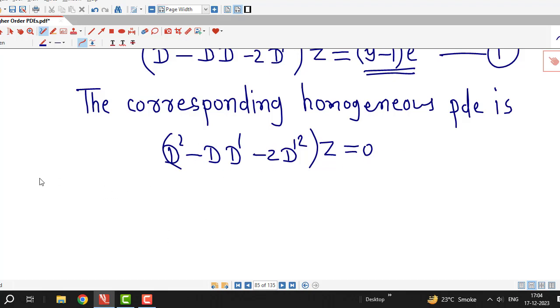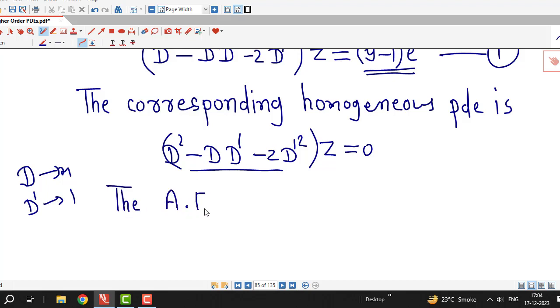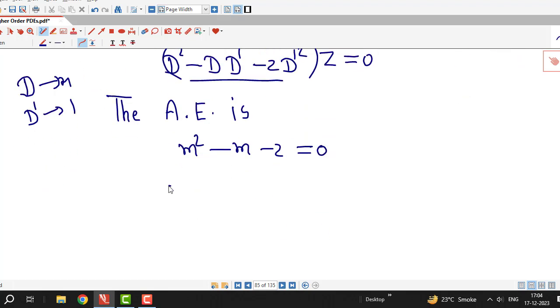So as we know, we replace D by m and D dash by 1 in this function and equate it to 0. That will be the auxiliary equation. The auxiliary equation is m square, D replaced by m, minus m into 1 minus 2 into 1 equal to 0. Therefore this we can solve easily.